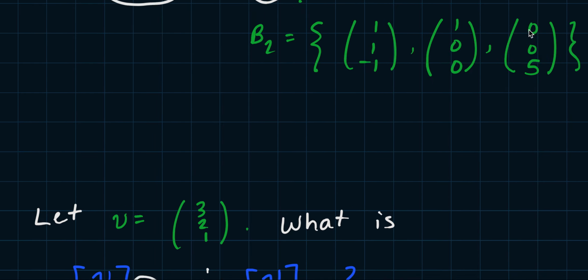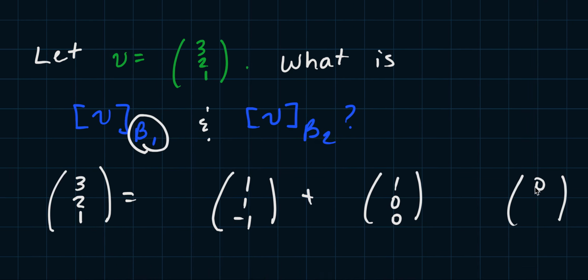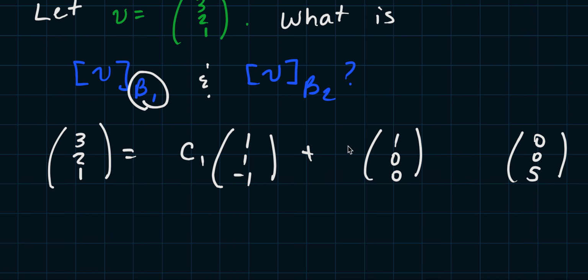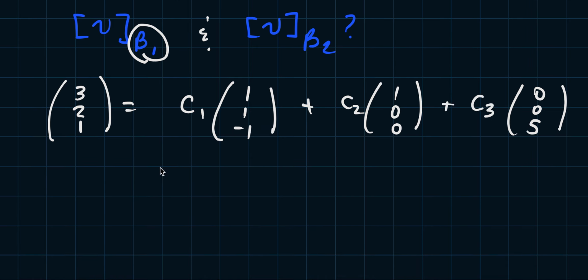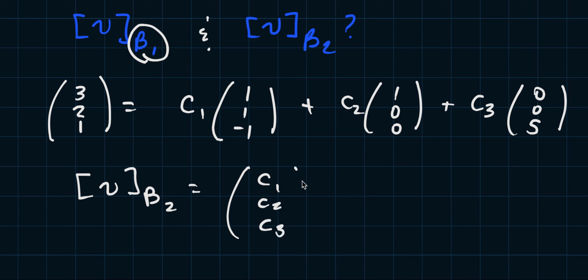And then the last one is 0, 0, 5. What are the three coefficients that go in front of these three vectors in this specific order? And once I find them, this coefficient matrix is going to be equal to C1, C2, C3.